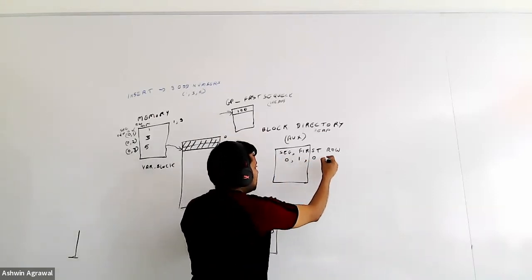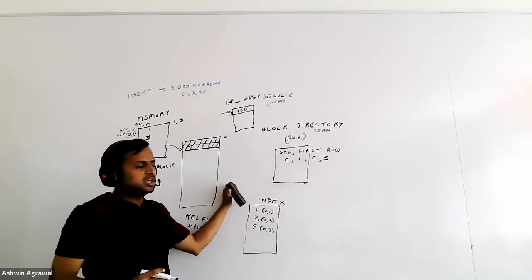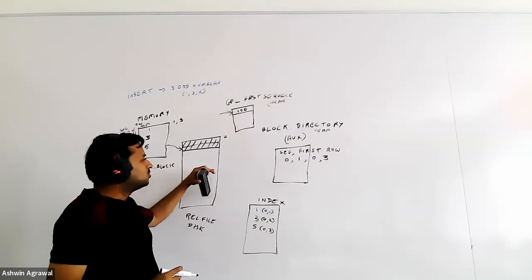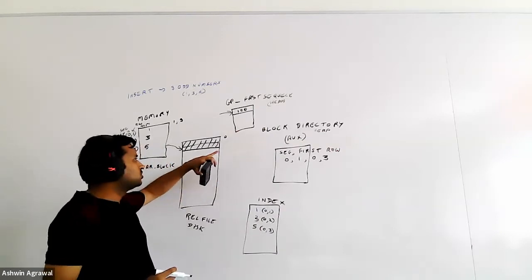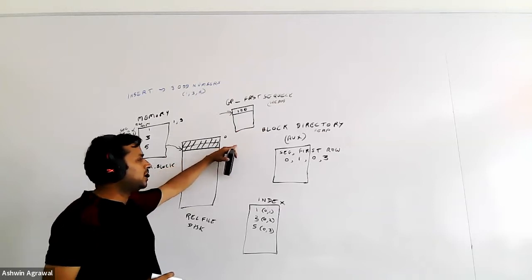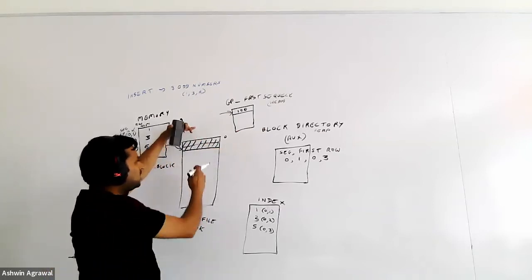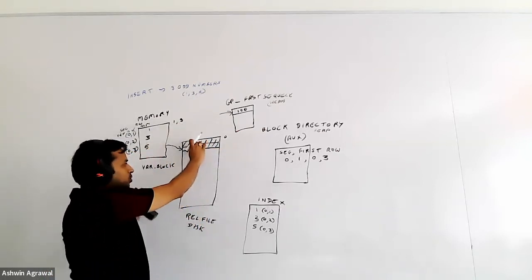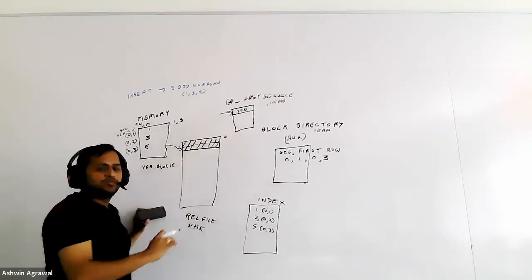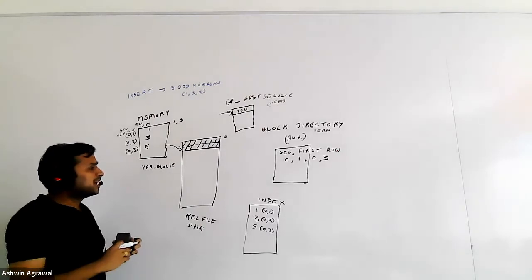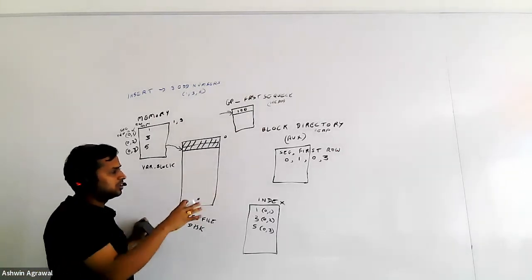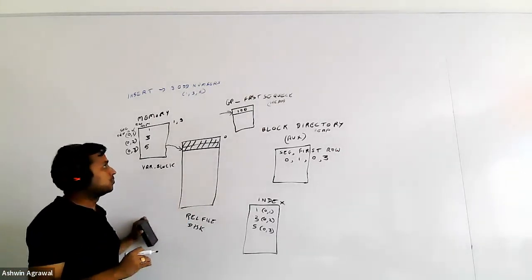So it effectively will say like there are 3 rows in this block. So what effectively the block directory gives you? Block directory gives you very quick way to figure out what this block contains, how many rows, and where exactly in the file this block is. So that happens for the first block directory entry will get created that way.